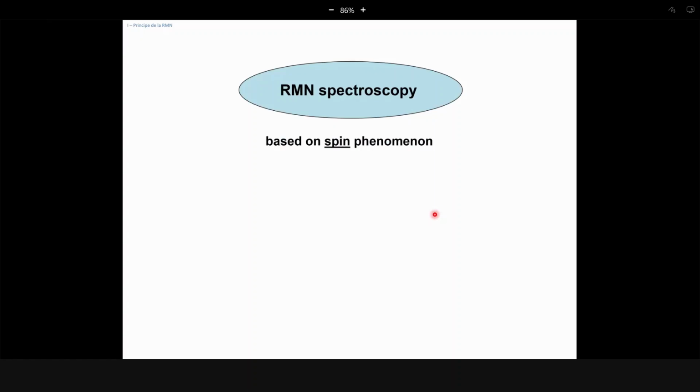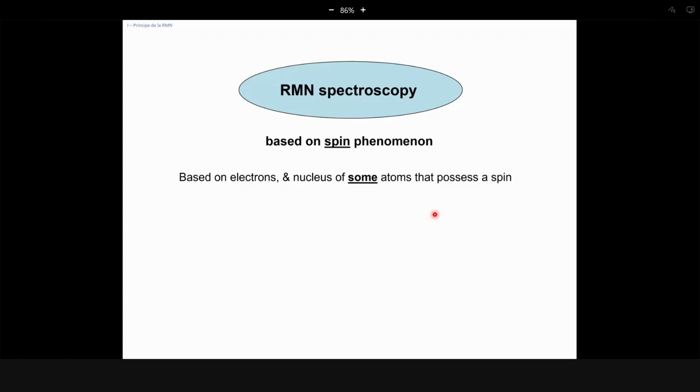So NMR spectroscopy is based on the spin phenomenon. I don't know if you remember your bachelor lectures on physical chemistry, but when you describe an atom, you have many parameters, and one is the spin number.